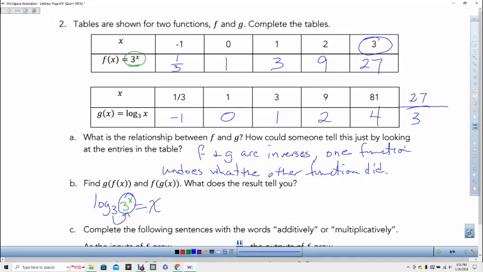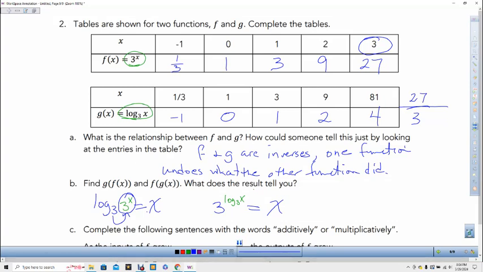All right, and in the same way, if we do it the other way, we've got 3 to the x power, but we're going to write in g of x in place of that x. So 3 to the log base 3 of x. Now, we're going to learn this later, but this is a special rule here, and we actually can use this, but just trust me for now, it's equal to x.